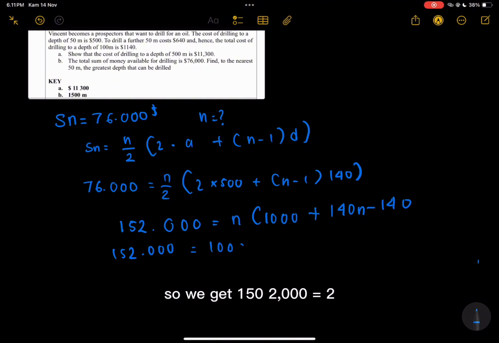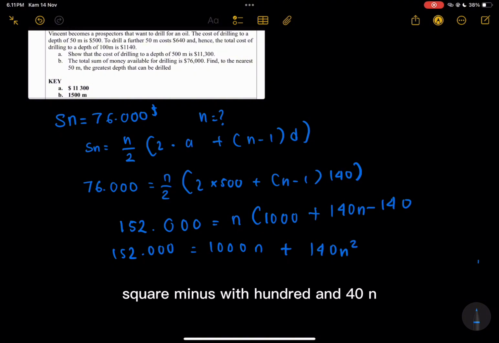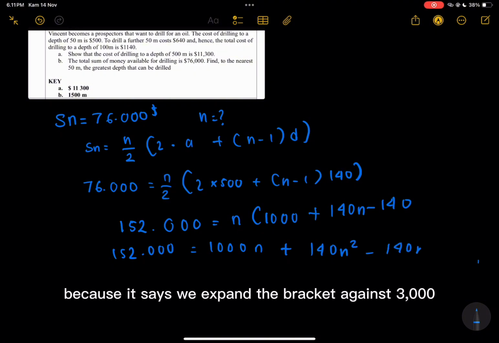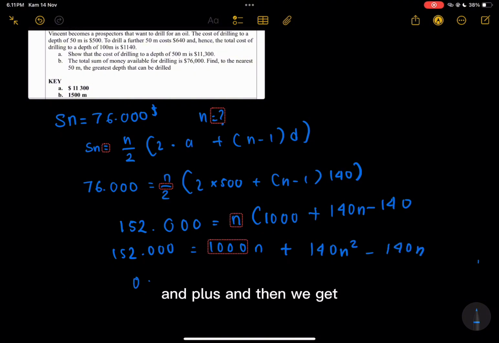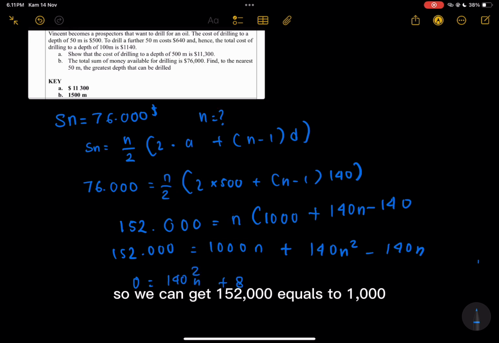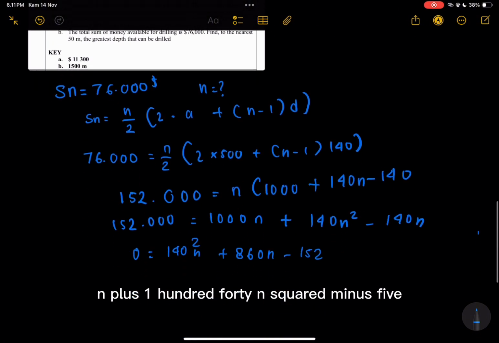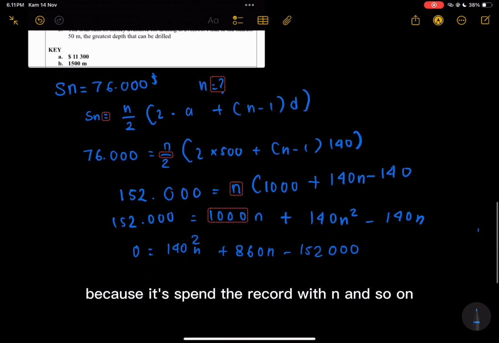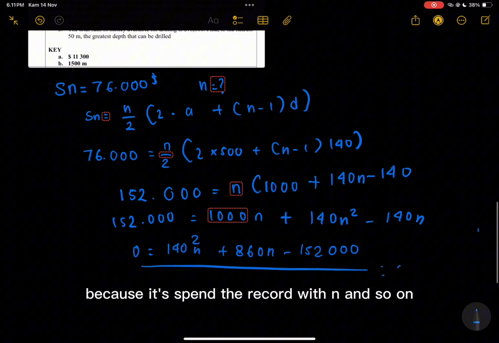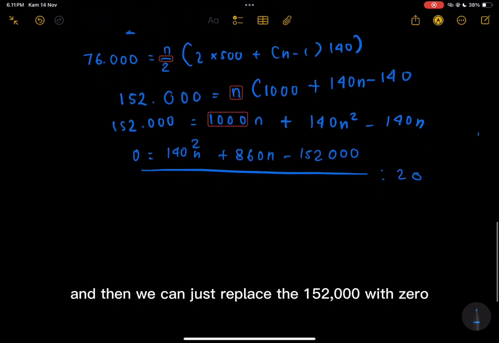So we get 152,000 equals 1000n plus 140n squared minus 140n, because we expand the bracket with n. And then we can just move the 152,000 over so that it equals 0.